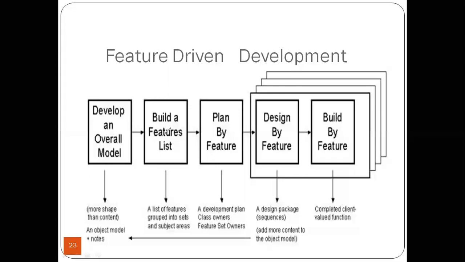So here also we are going to divide our total project into a number of modules. Each module is called a feature, or otherwise we divide our task into subtasks or subprograms.